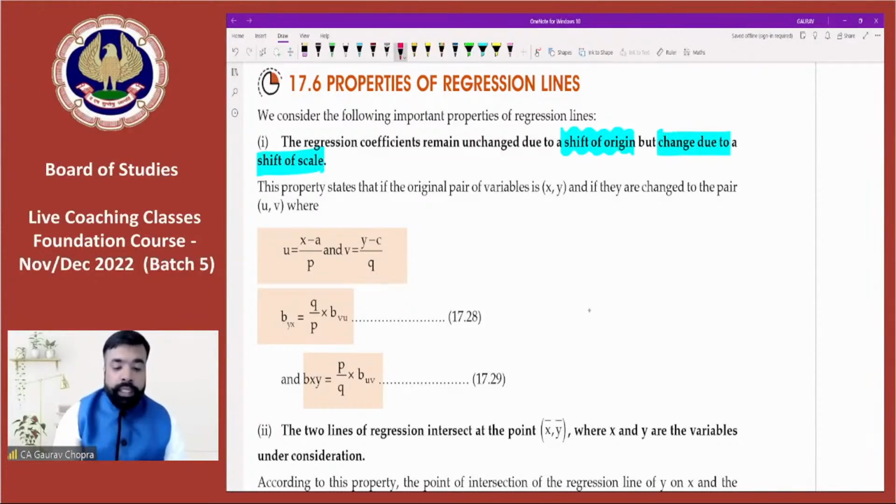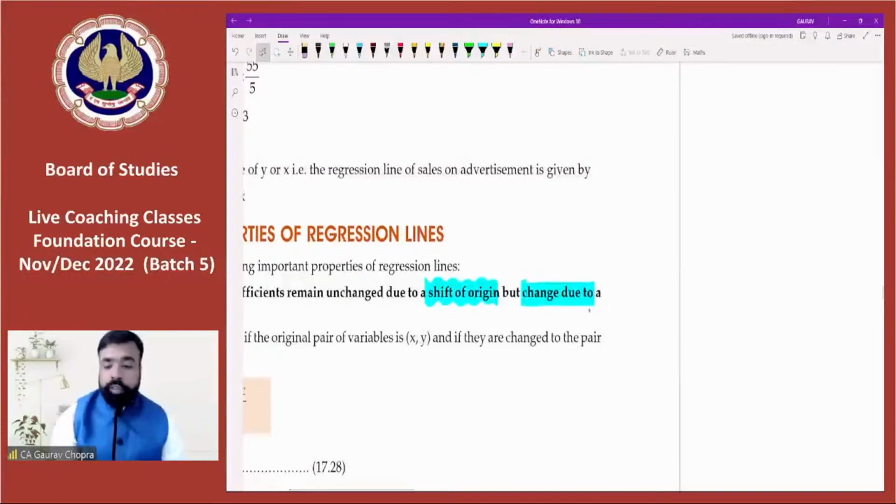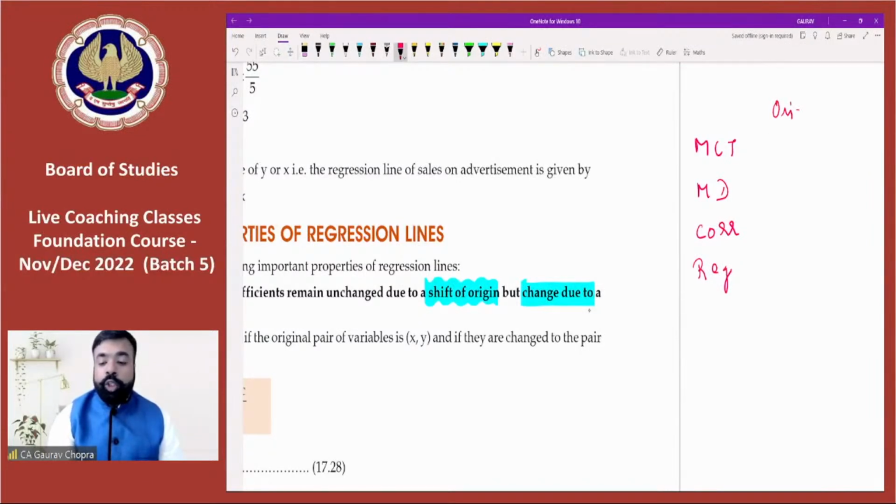We had made a complete table of 4 chapters: central tendency, dispersion, correlation, and then regression, for change of origin and change of scale. In central tendency, it gets affected due to both origin and scale.